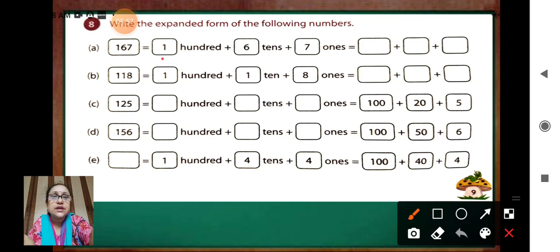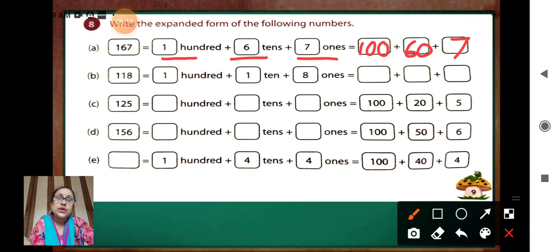How is it written? 100 plus 6 tens plus 7 ones equal to, now we can write like this, 100, 6 tens is 60 plus 7 ones, you can write like this, 7. Okay, try to do yourself.